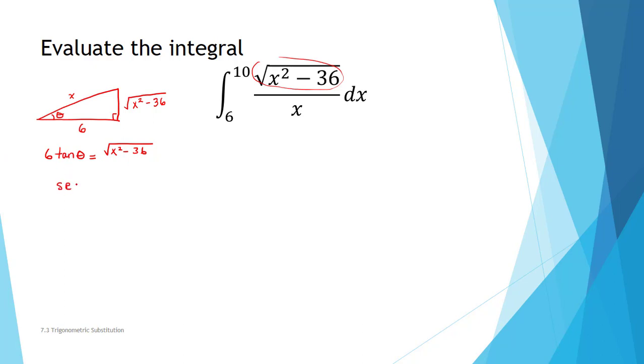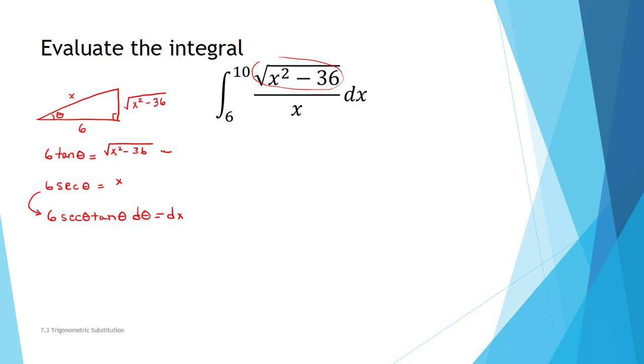Similarly, I know that secant of theta equals x divided by 6, and multiplying by 6 tells me that x equals 6 secant theta. And finally, differentiating this gives me 6 secant theta tangent theta d theta equals dx.